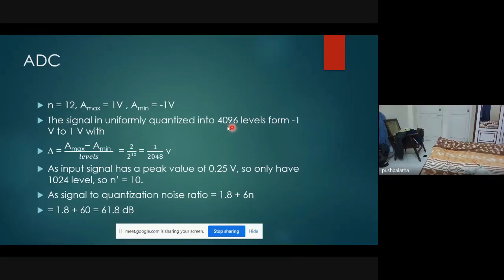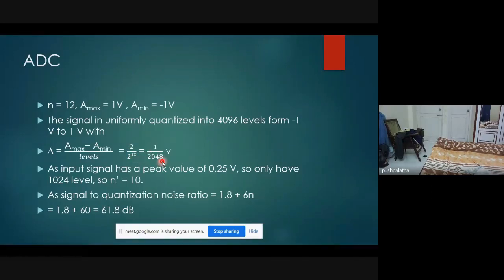Now you need to find the delta value. For that, it is A max minus A min over the number of levels. The difference is 1 minus minus 1, which gives 2, over 2 power 12, which is 1 over 2048.